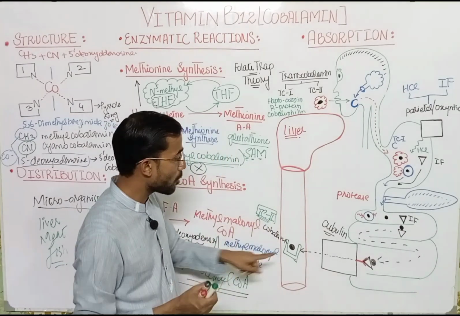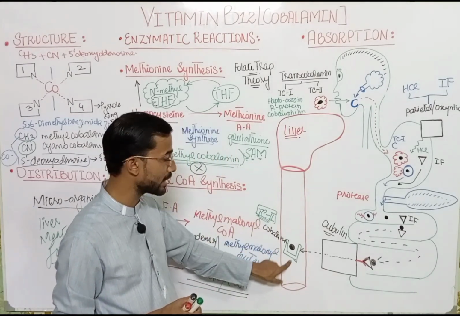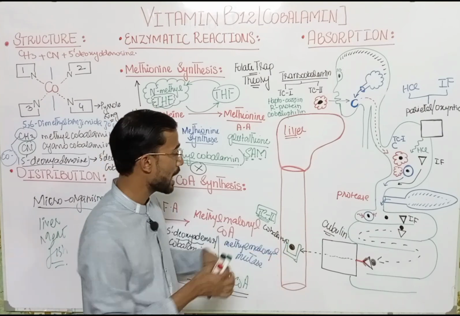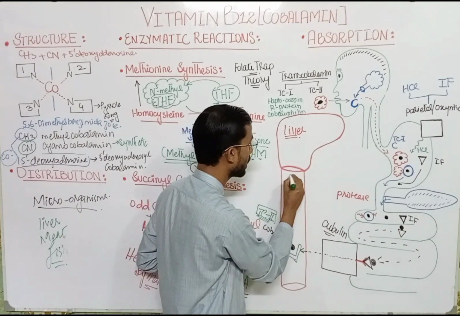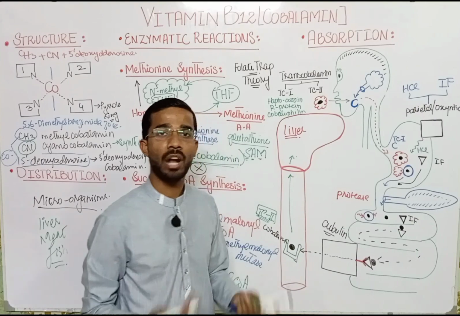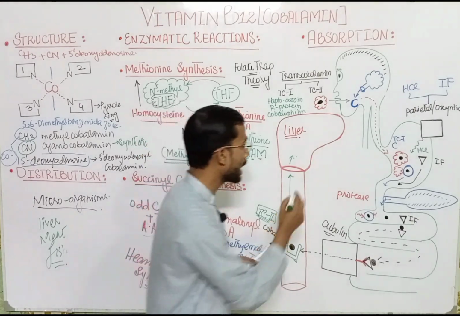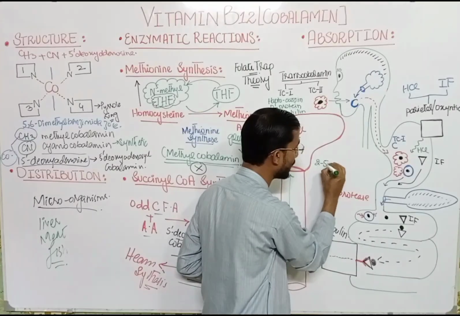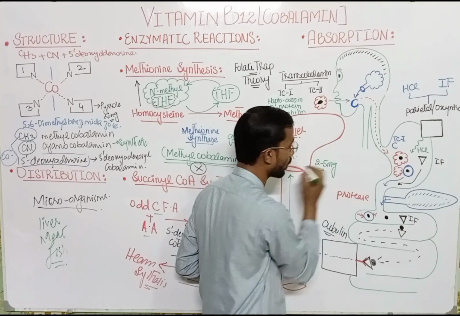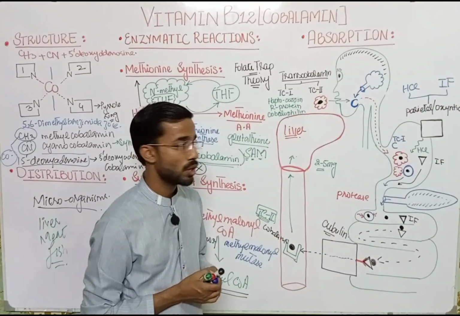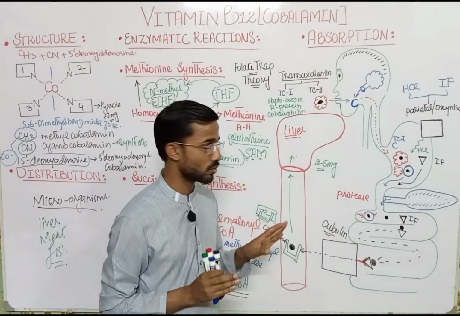Transcobalamin II will transport the cobalamin in the blood circulation and it will move towards the liver. And in the liver, the cobalamin is stored, and approximately 2 to 5 milligrams of cobalamin is stored in the liver. So this is the normal situation.